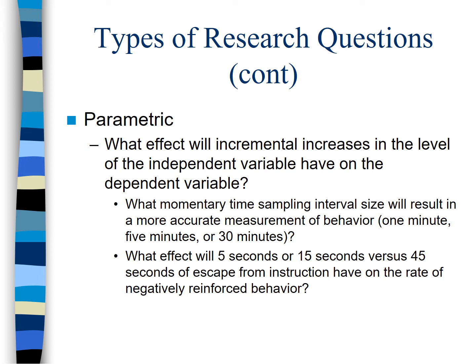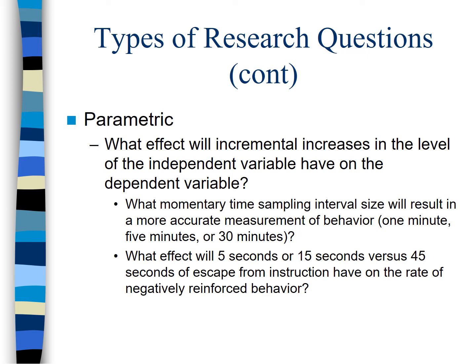For example, I know that a few years ago, the folks out at UCLA with the clinic that was started by Ivar Lovaas were recommending 30 to 40 hours a week of programming for children with autism. And there were a series of studies that compared different amounts of different hours.